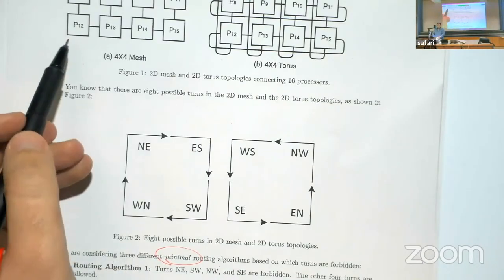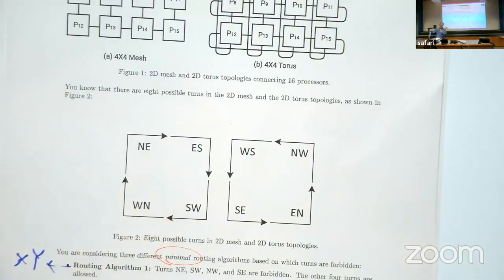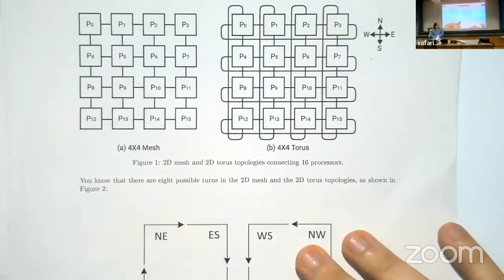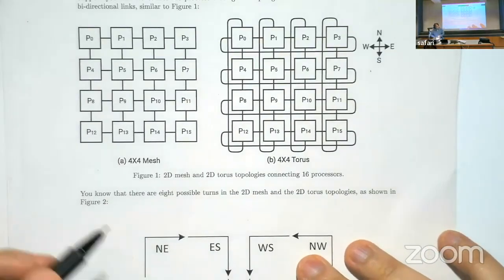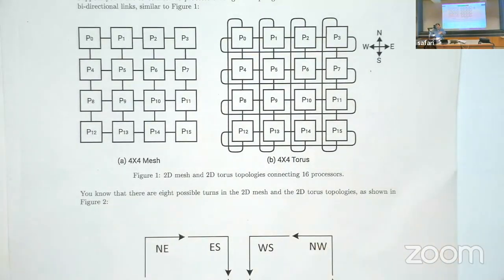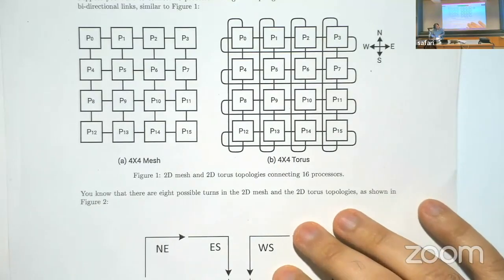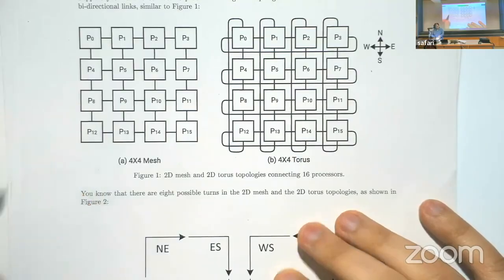No, because P12 is, with respect to P5, in the south of the network. So if you want to go the minimal path, basically, you won't take any west-north or north-west turns. Okay, sounds good.